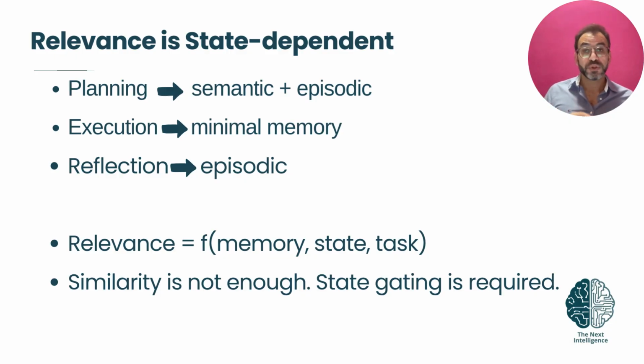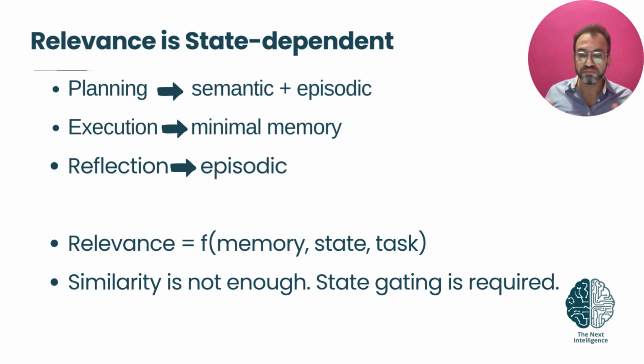Now we arrive at the core problem in memory systems, which is relevance. Most memory failures are relevance failures. It is not that we forgot something, but rather that we loaded something wrong into the short-term memory, or we loaded too much, or we loaded something correct but at the wrong time.